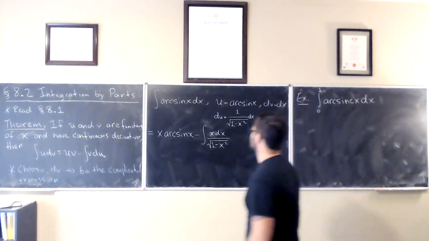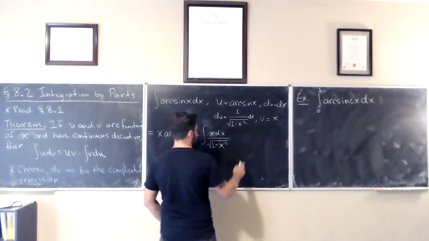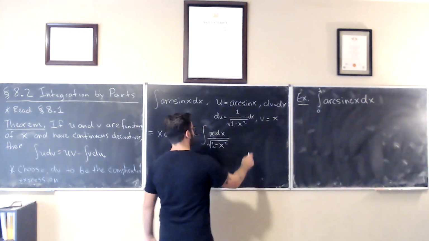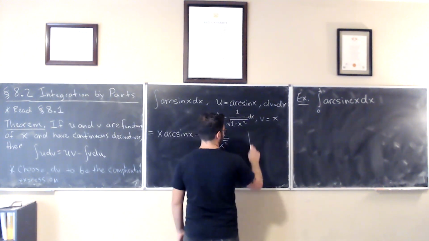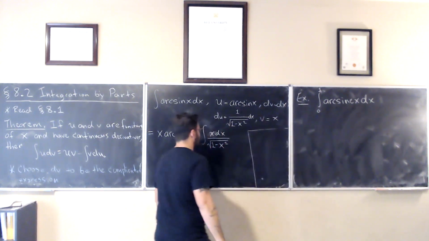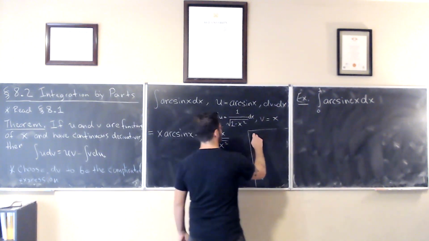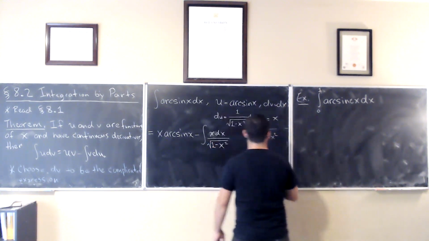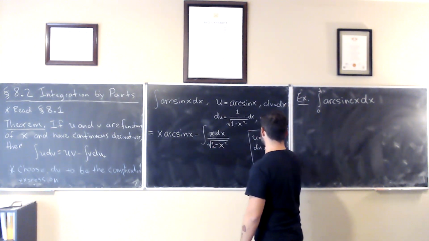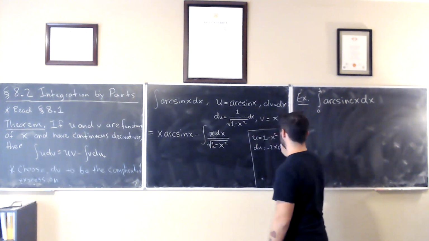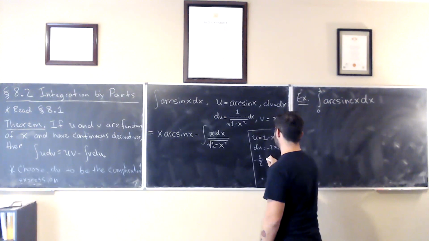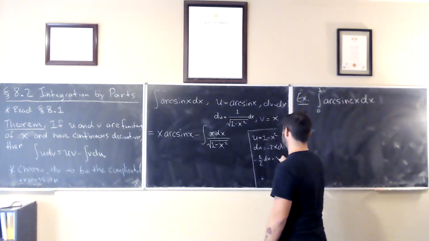Okay. So then we need to know what this piece is. And now in order to do this piece, we have to kind of reference back old techniques. So if we just let u equal 1 minus x squared, then du is equal to minus 2x dx. So that means that minus 1/2 du equals x dx.